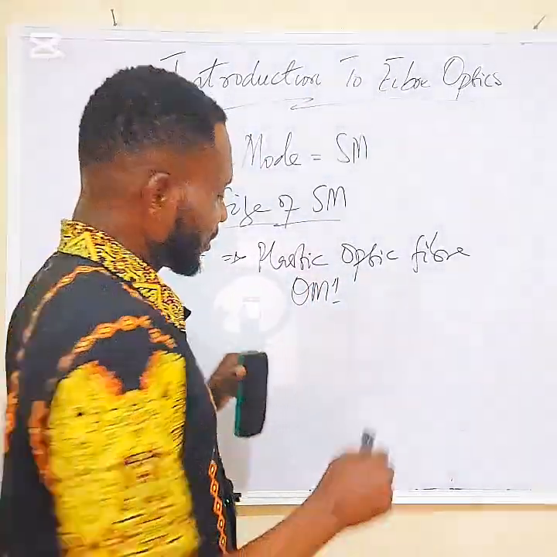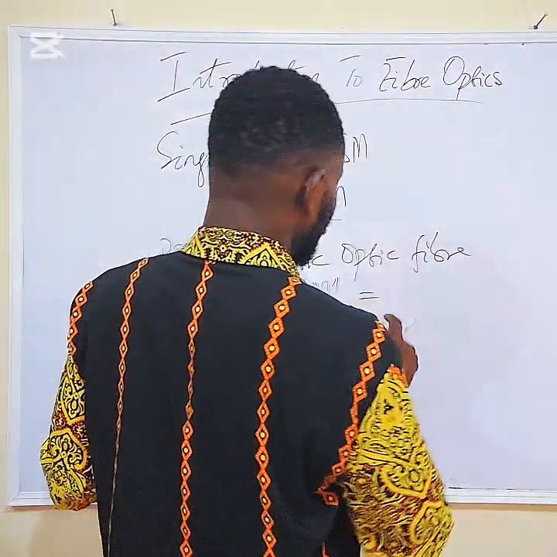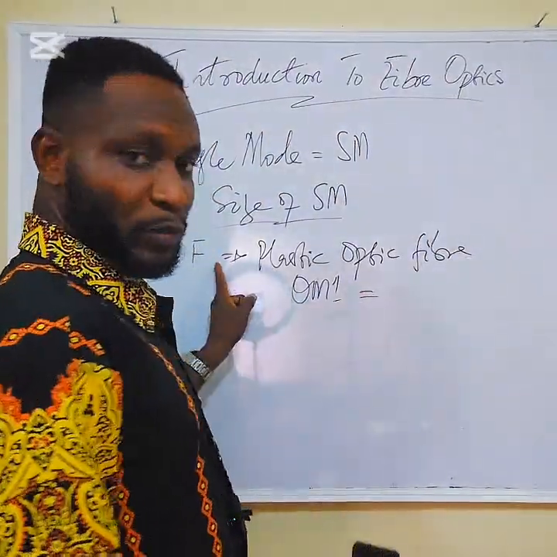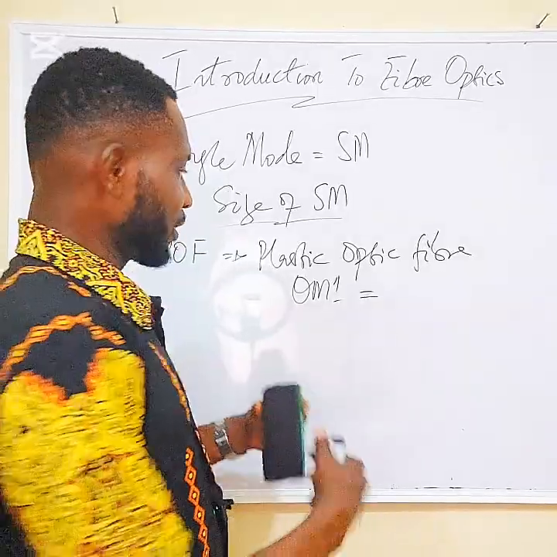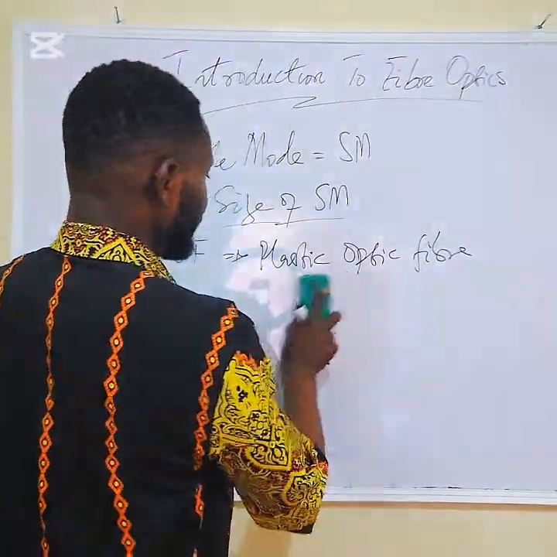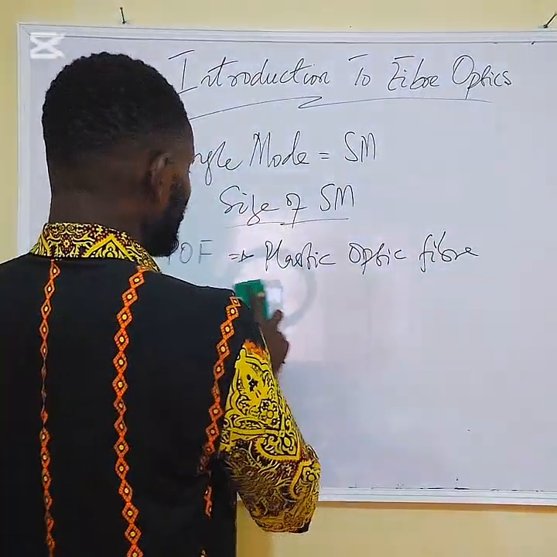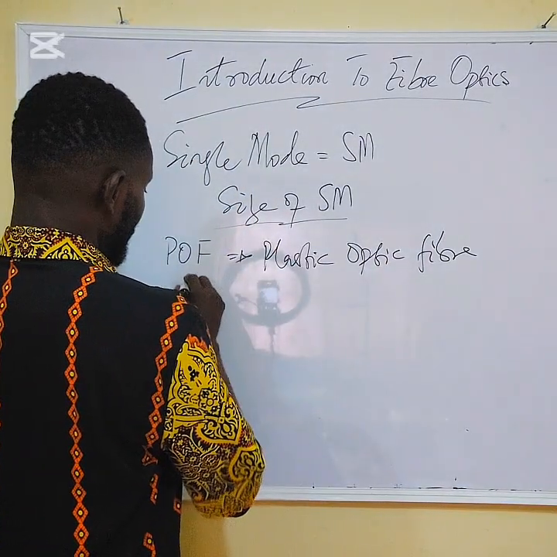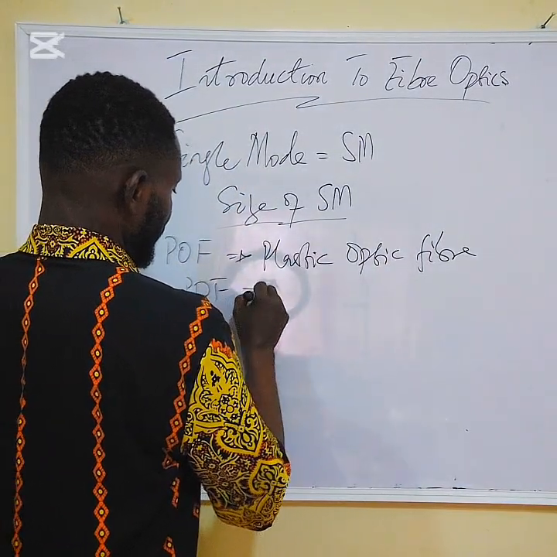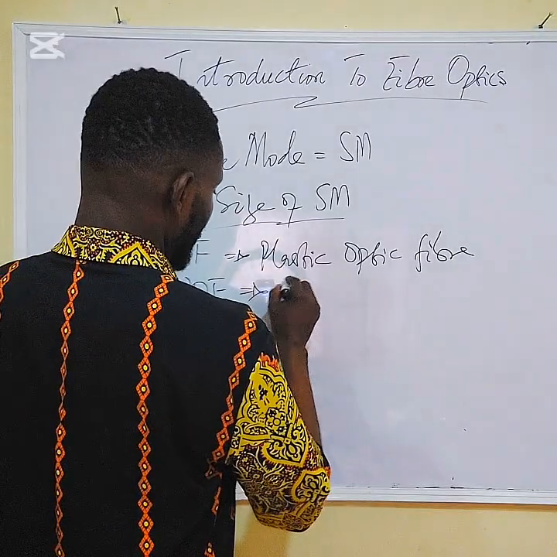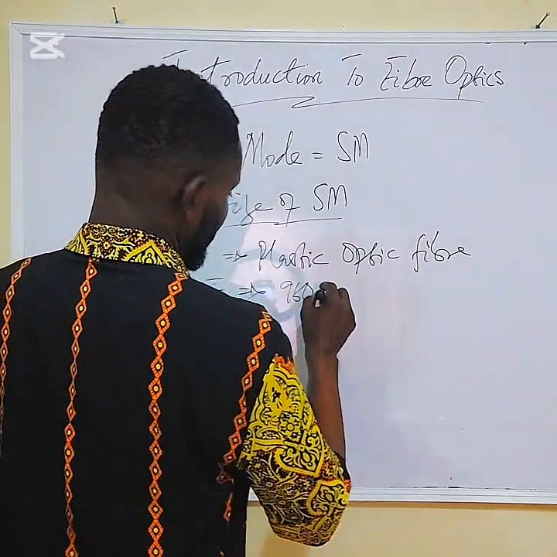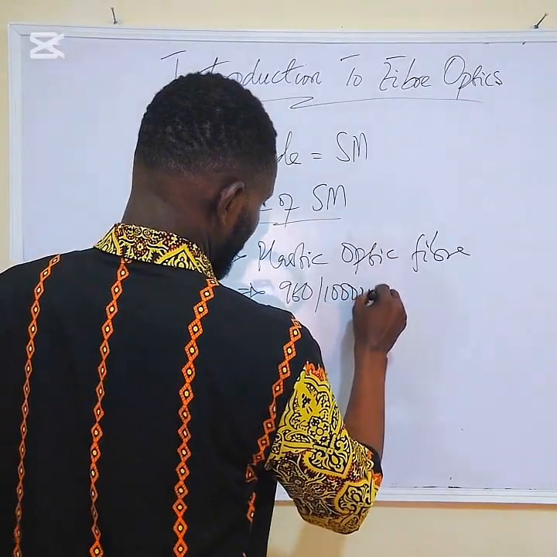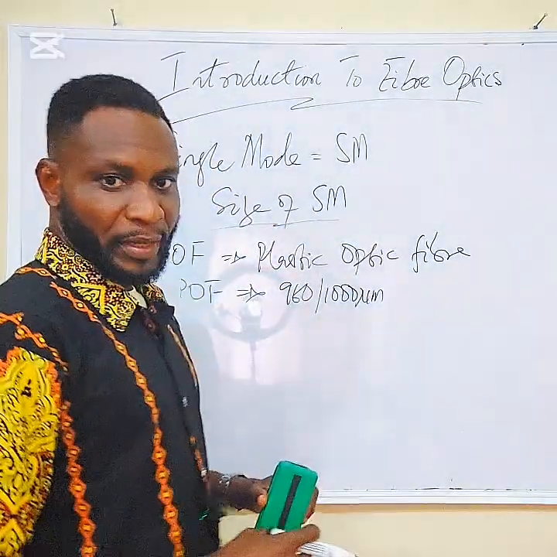So what is the size we are talking about? Some people say OM1 is the same thing as POF. That is not correct. POF gives us 960 slash 1000 micron.